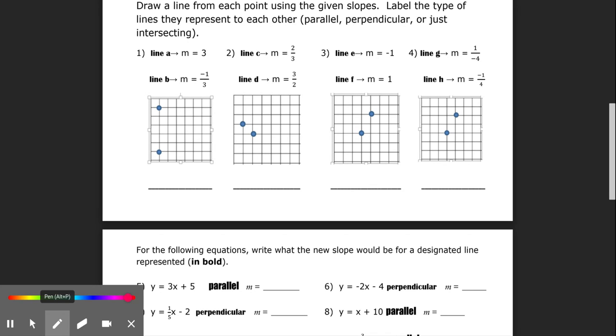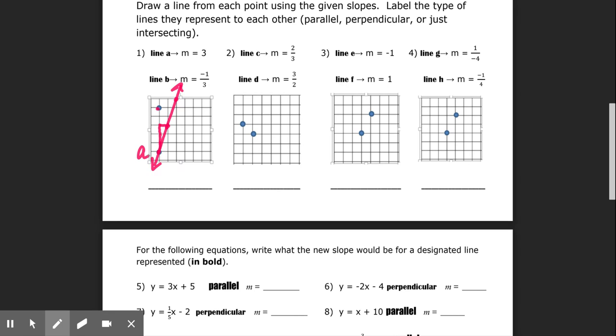If you start here at 3 and try to go up 3 over 1, you're going to go off the graph. So we're going to start here at this point, and we're going to go up 1, 2, 3 over 1. And we'll do that one more time. 1, 2, 3 over 1. And we'll draw our line here. So this is line A.